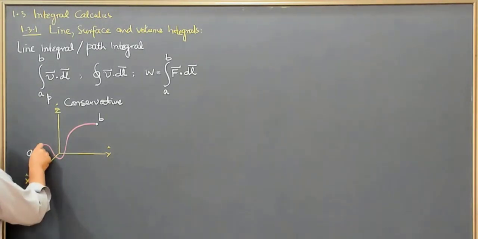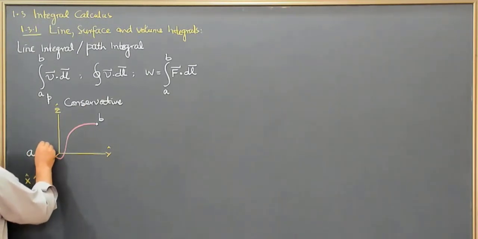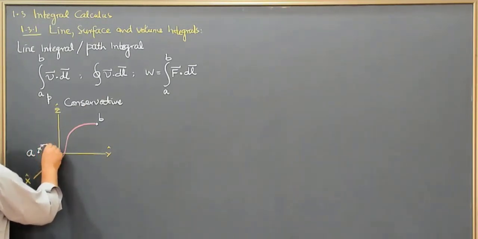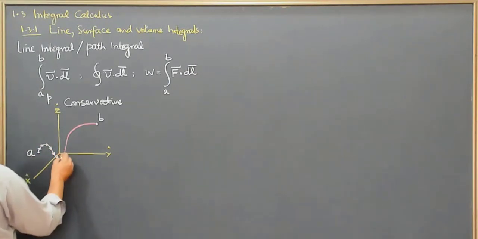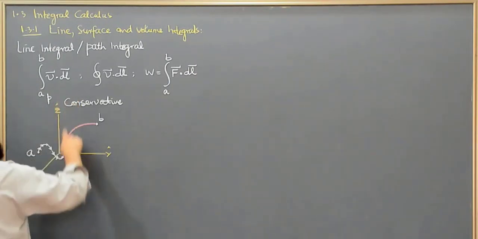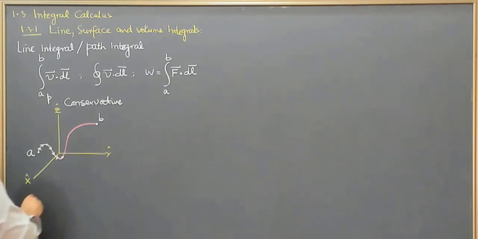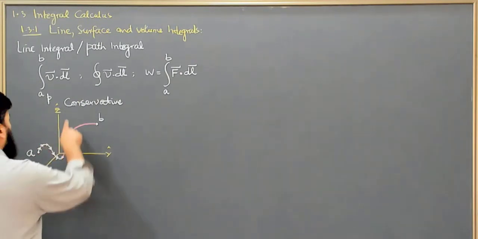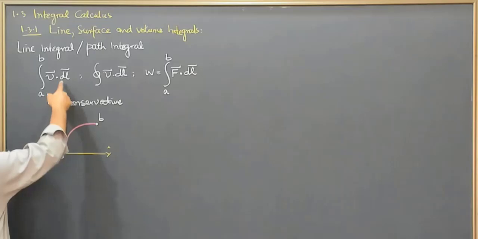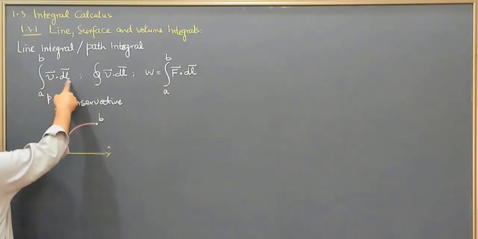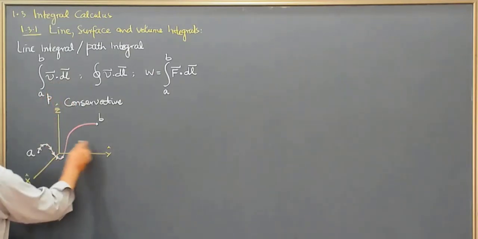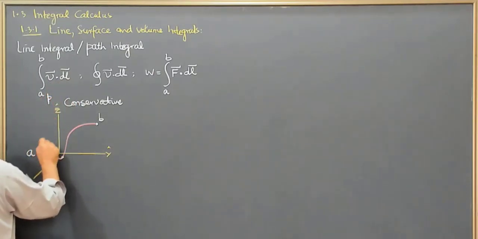Now any length elements that I take along this curve, all the length elements are along this function, so the dot product keeps us on this function. At each and every instant we have v dot dl1, v dot dl2, v dot dl3, and so on. These are all the dls.